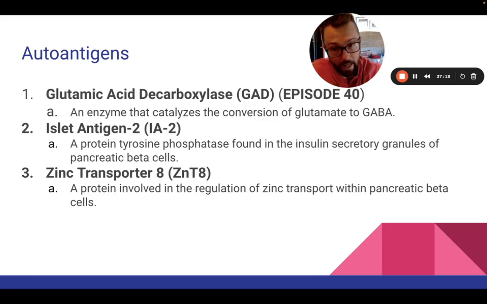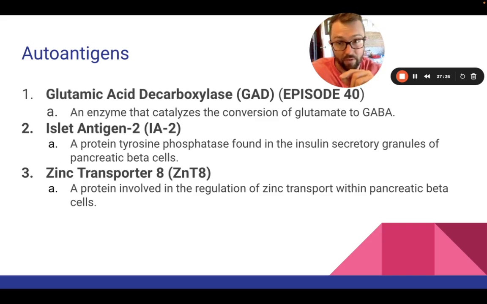Zinc transporter 8, this is a protein involved in the regulation of zinc transport within pancreatic beta cells. Zinc and the movement of zinc in and out of the beta cell influences the release of insulin.